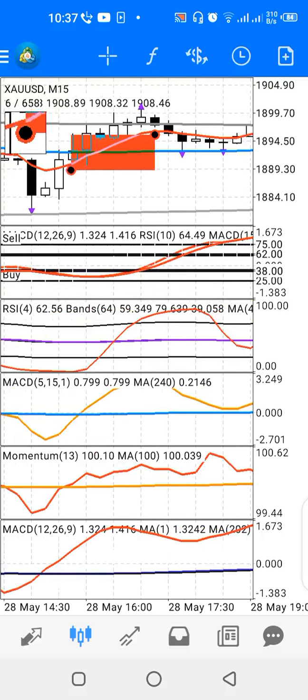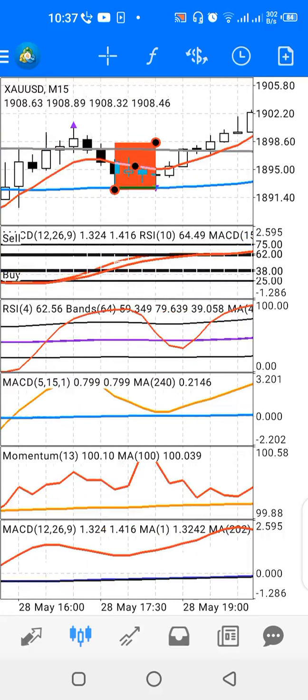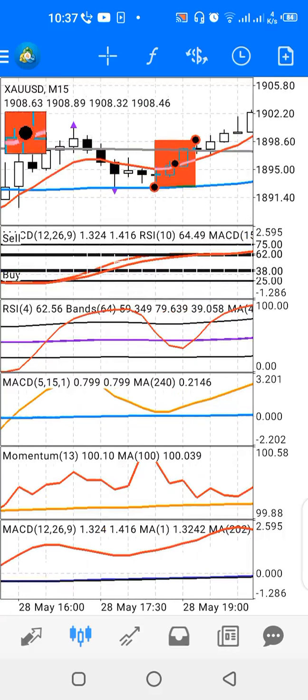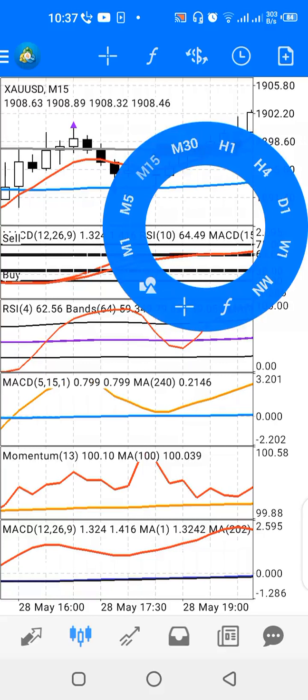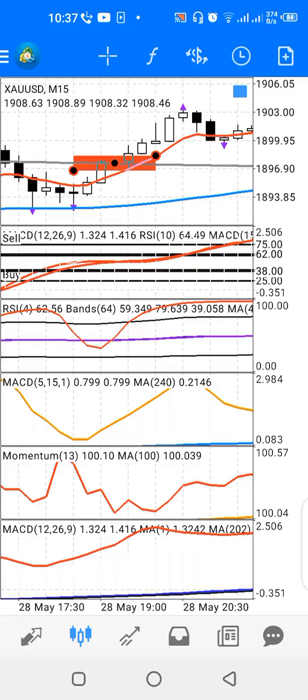So that is my buy signal, but the trigger will happen when I have the bullish candles closing above the red line. So if I'm going to buy, I'll place my buy trade here. My stop loss will be just at the low, somewhere around here.